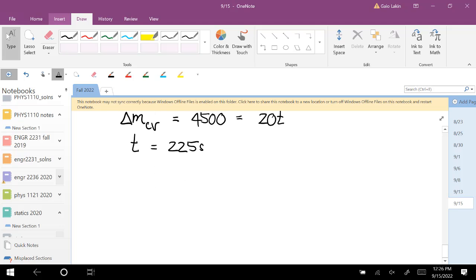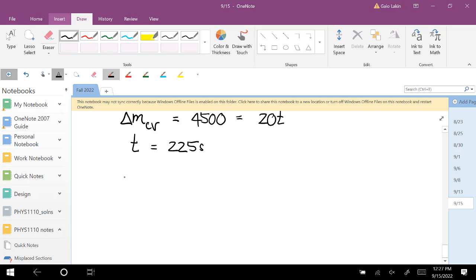So let's do an example where we have water in different phases, so this is including phase changes.